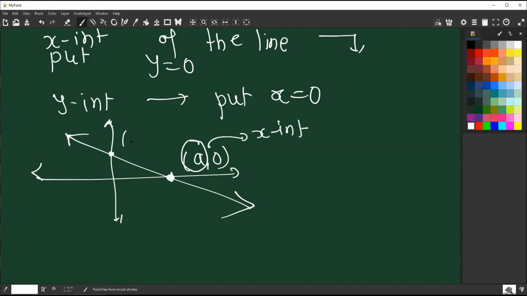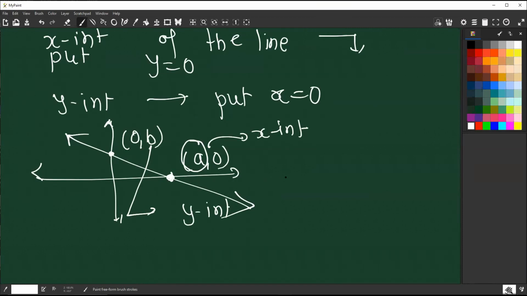And if this cuts the y-axis at (0, b), then b is the y-intercept of the line. The reason is that the remaining coordinate is 0. For a point on the x-axis, we put y equal to 0. For a point on the y-axis, we put x is equal to 0. Correct? So that is how we find the intercepts of the lines.